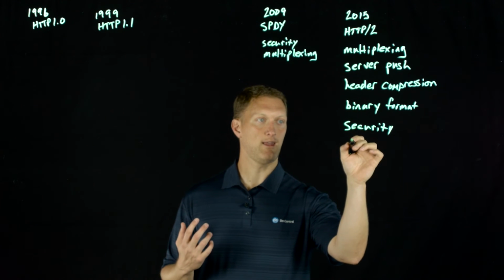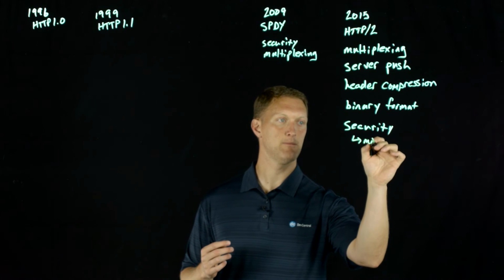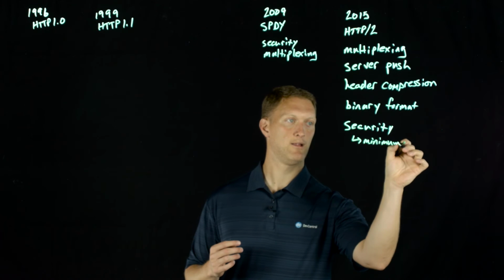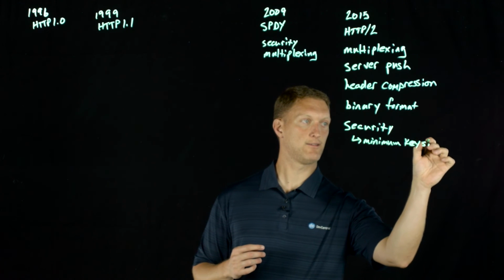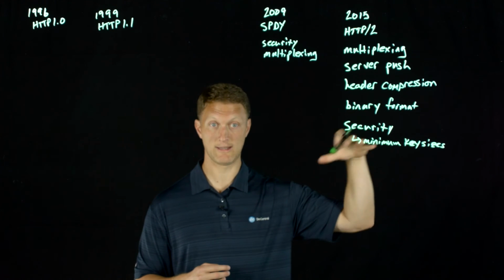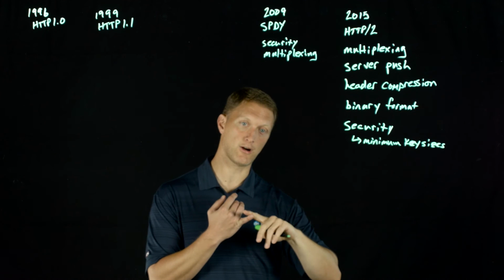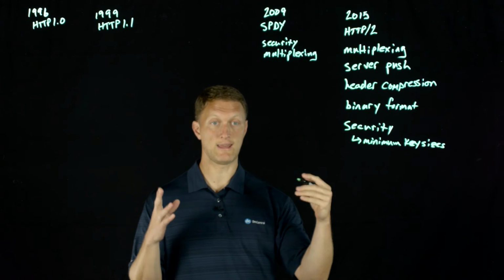The one thing I'll say is that under security, it has minimum key sizes for encryption. So if you are going to use security, you have to use a certain level of key sizes. Elliptic curve has a minimum level, as well as RSA or even AES bulk encryption.